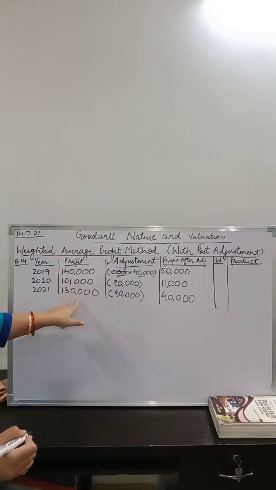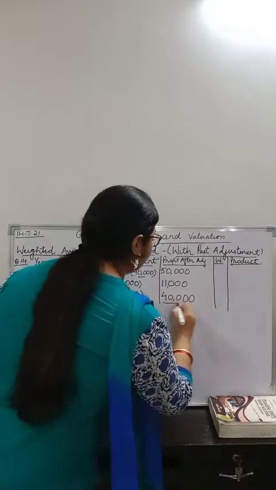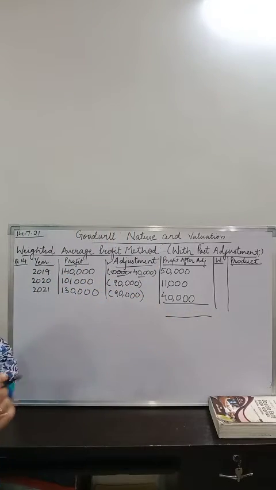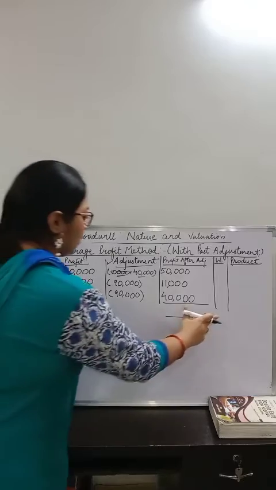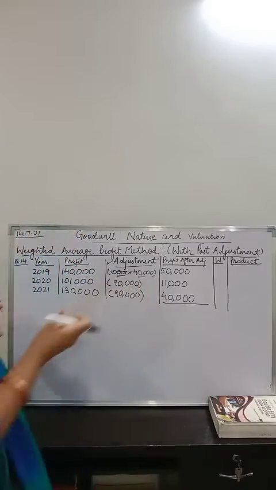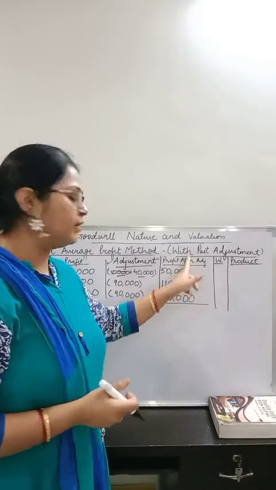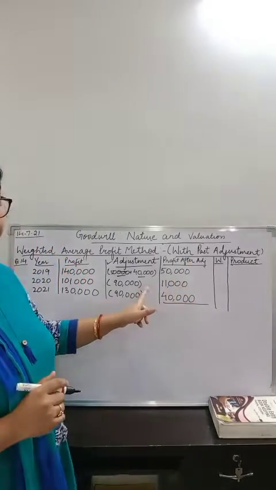So instead of these profits, the actual profits of the firm are these. These are the actual net profits of the firm. I'm sorry, you are not required to take a total of this. Then, if these are the profits after adjustment, we will count them as the first column of the table.